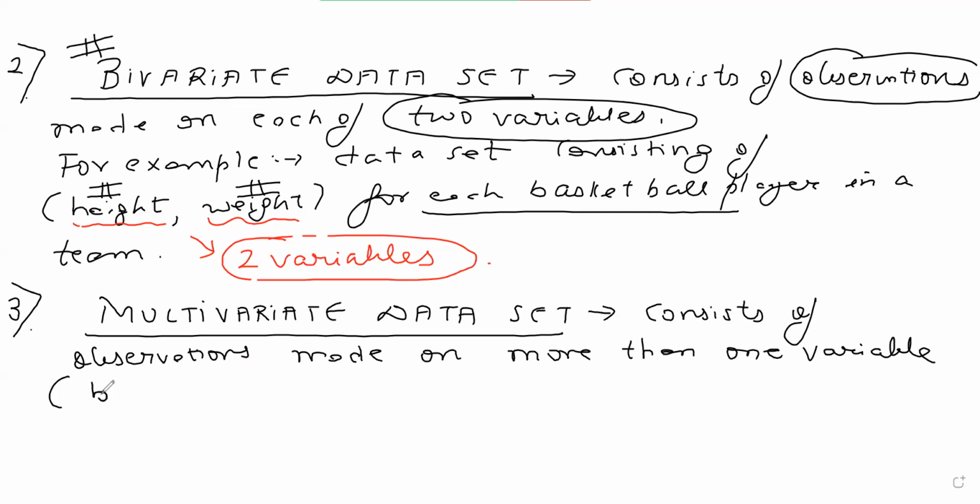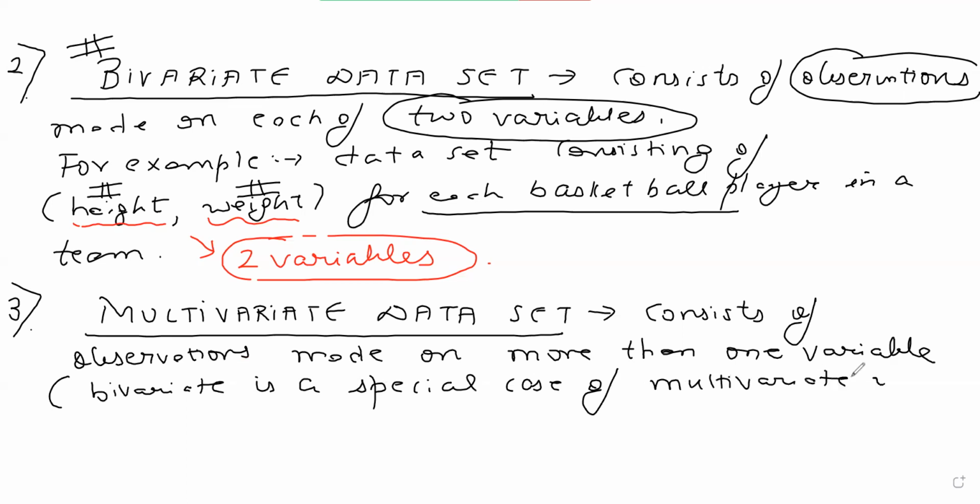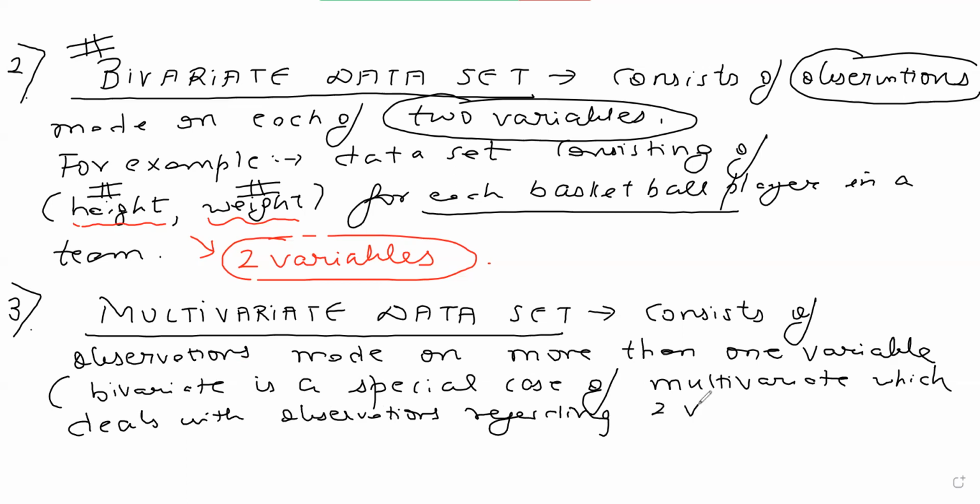So I can write that bivariate is a special case of multivariate, which deals with observations regarding two variables. That means, guys, when we talk about multivariate data set, multivariate automatically includes bivariate as well.